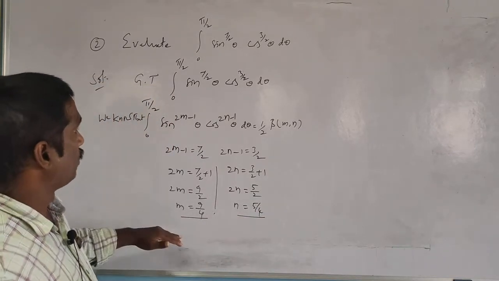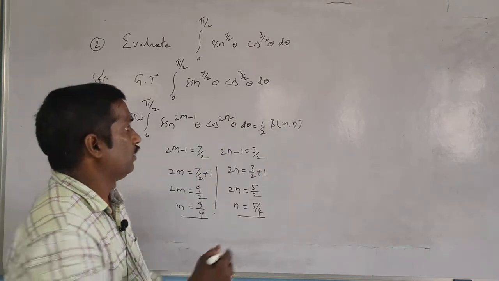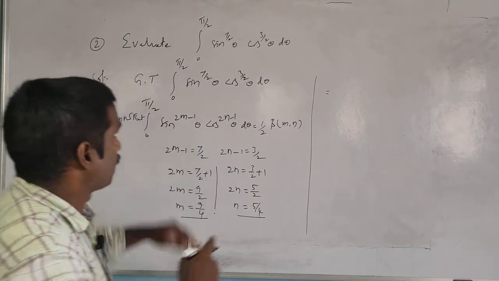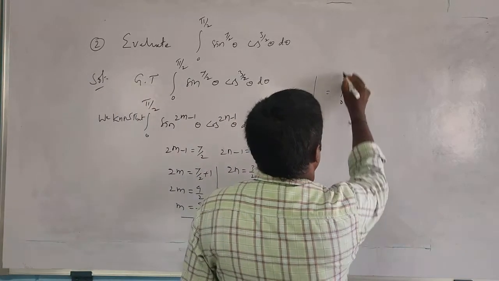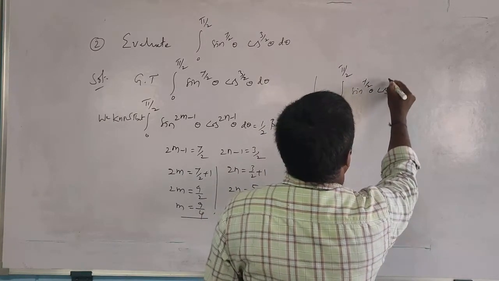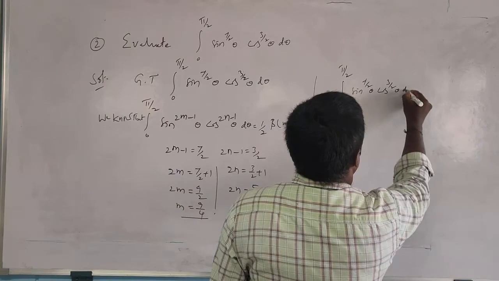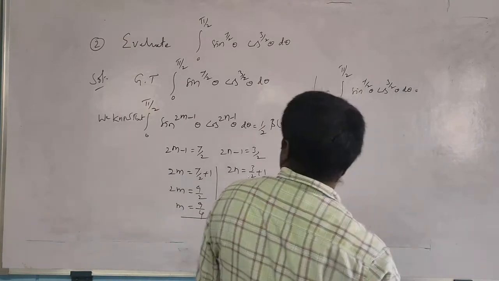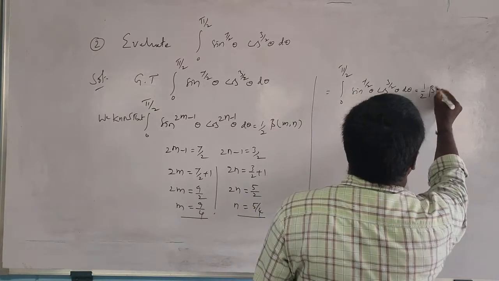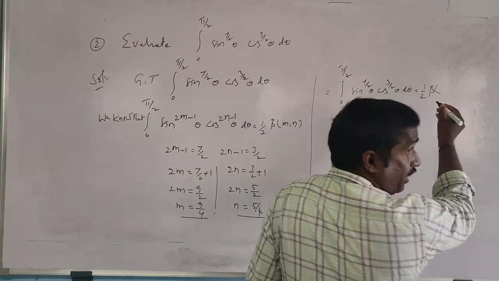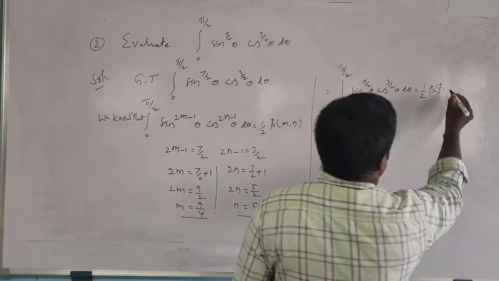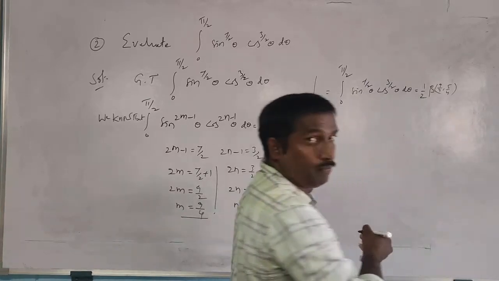So substituting these in the formula, from the given integral 0 to pi by 2 sin power 7 by 2 of theta into cos power 3 by 2 of theta into d theta equals 1 by 2 of beta of 9 by 4 comma 5 by 4.